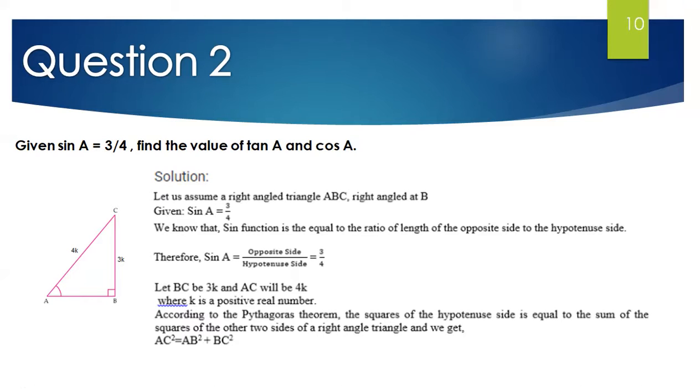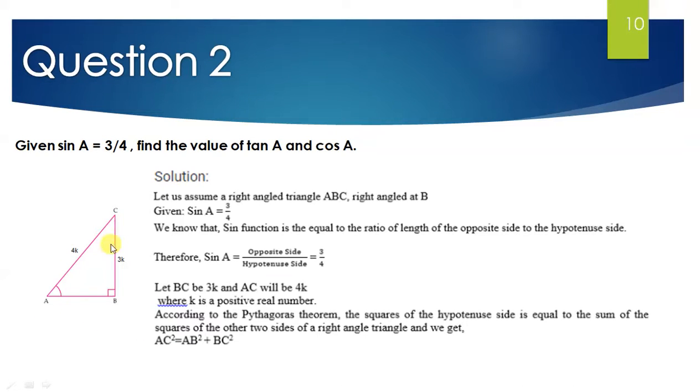Right. So sin A is actually the side opposite to angle A divided by the hypotenuse. So I will take the side BC as 3k and the side AC as 4k, right? Because 3 by 4 is a ratio. Instead of 3 by 4, if you have 6 by 8, it also means the same. So according to Pythagoras theorem, I can find the third side.